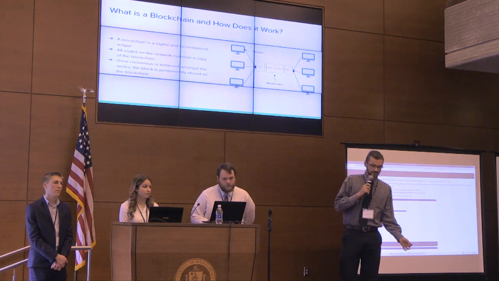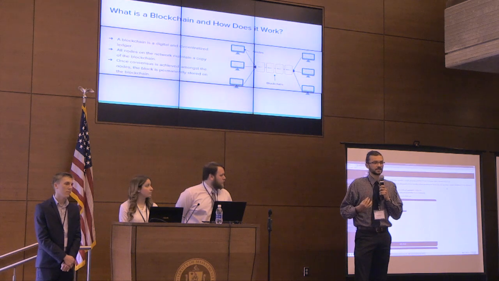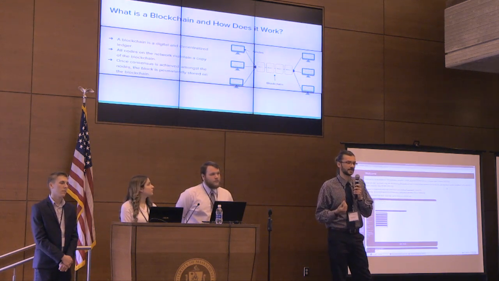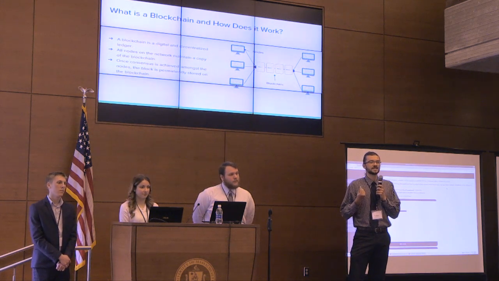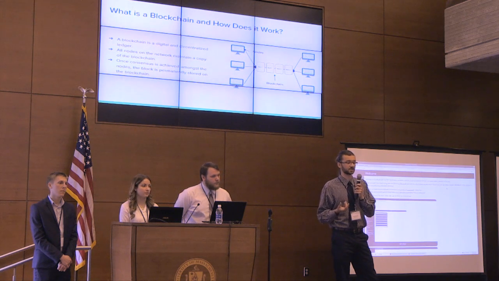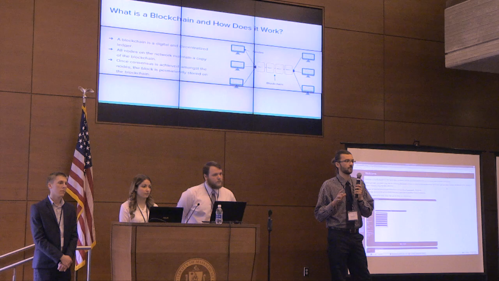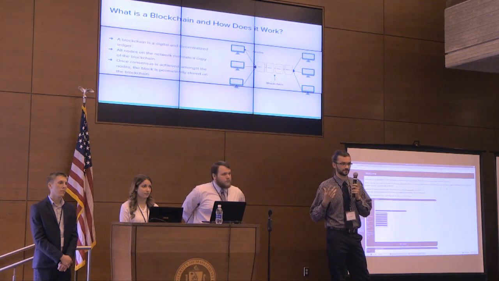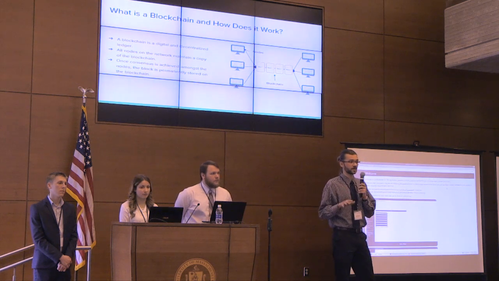Now let's talk a little bit about what a blockchain actually is. A blockchain is a digital and decentralized ledger, and it is upheld by a distributed network of nodes. A node is just a computer that is connected to the blockchain. These nodes all perform a consensus algorithm. That term is a little vague, and it differs per blockchain.